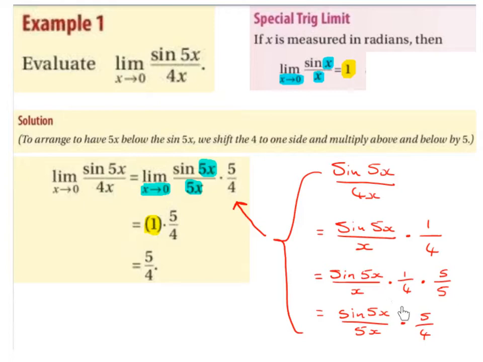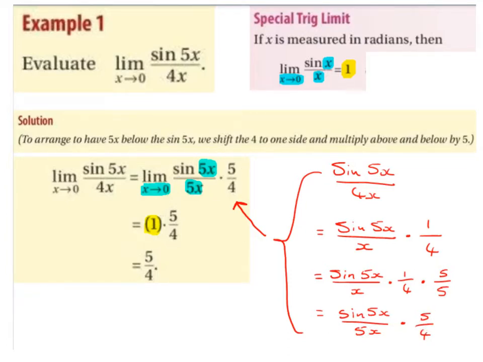So I haven't changed the numerators at all. And then I'm going to multiply the x by the 5, so I've got 5x now in my denominator. And I still have the 4. So x times 5 is 5x, and I leave the 4 on its own. So that's how this becomes sine 5x over 5x times 5 over 4.